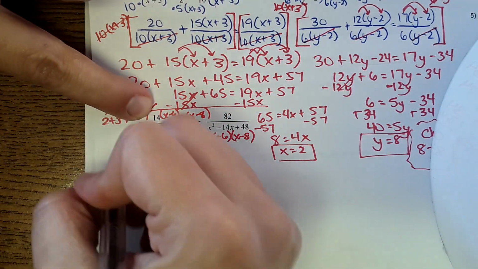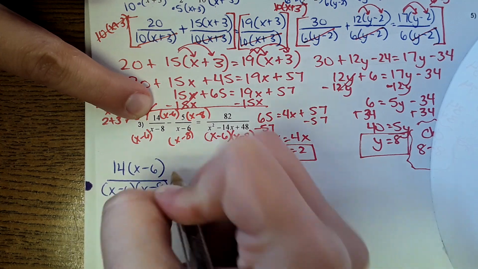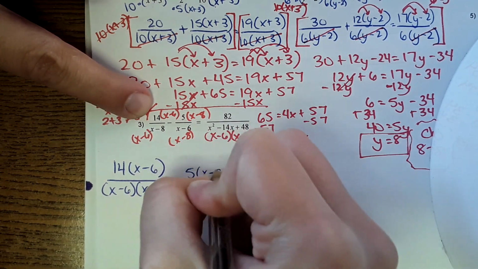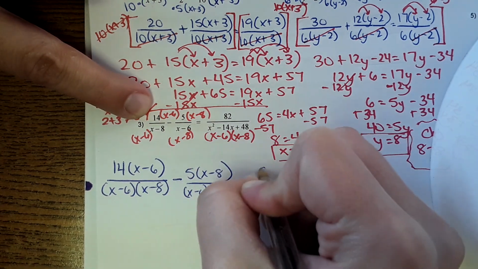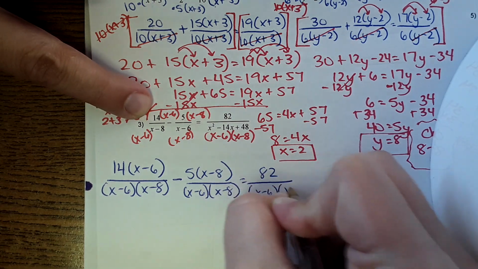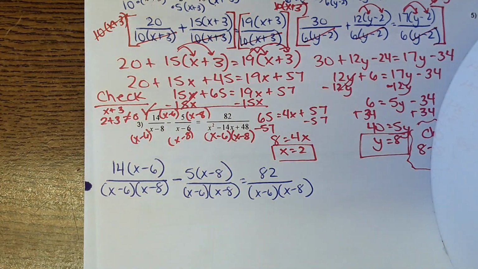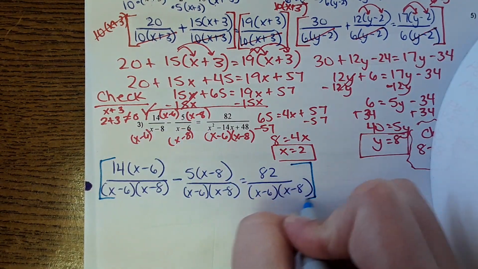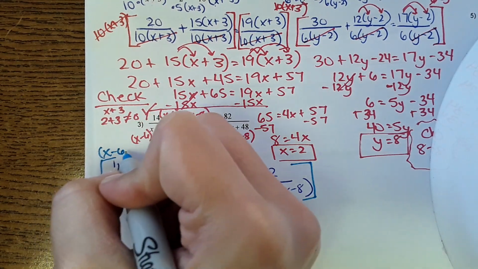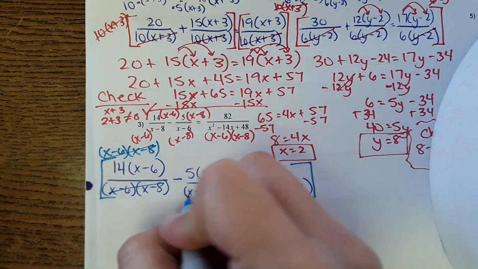Okay, now I'm going to write this whole thing out. Then multiplying the whole thing by x minus 6, x minus 8, this cancels this, this, and this.